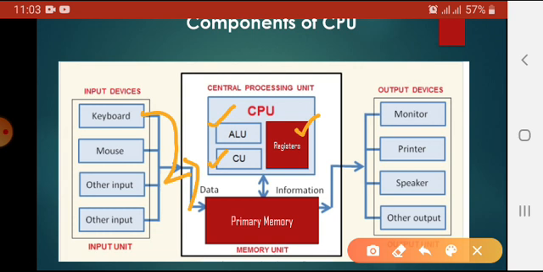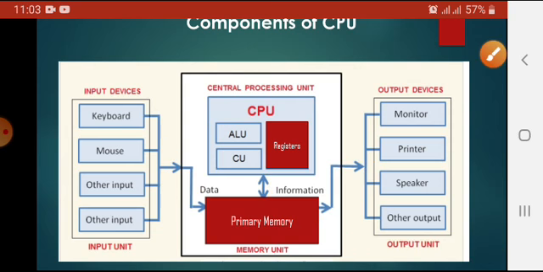The CPU processes that data and transfers the results through the main memory to the output devices. So, with this picture, you may better understand the components of the CPU. Let's revise them.